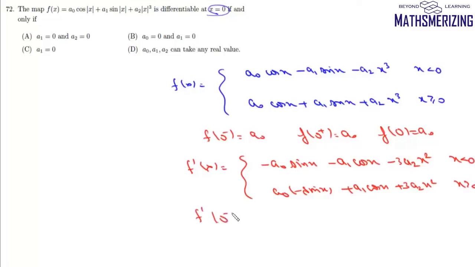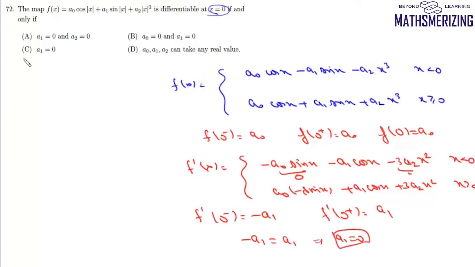Now we'll find f dash 0 negative. F dash 0 negative will be, this is 0, this is 0, so it will be simply minus a1, and f dash 0 positive will be plus a1. Now since this function is differentiable, minus a1 must be equal to a1. So from here we'll get the value of a1 should be 0. So the answer to this question is, this map will be differentiable if the value of a1 is 0.